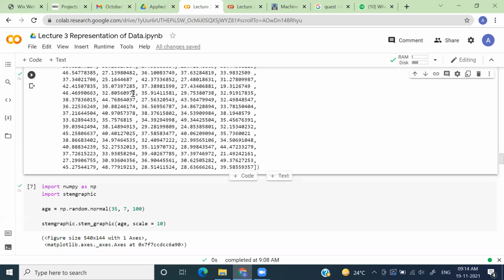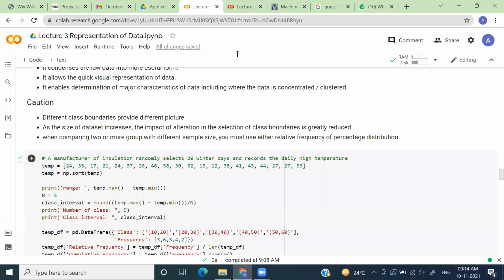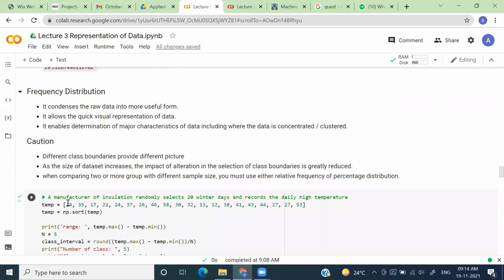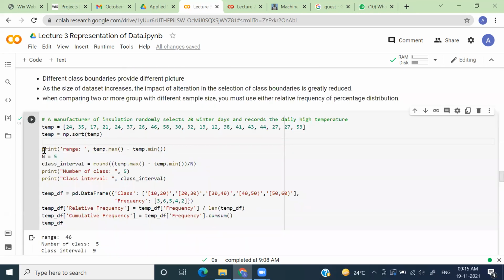From this data, we try to come up with different classes of some constant interval and write their corresponding frequency. Okay, so let's say that I have given you the temperature of 20 consecutive days, and you have to come up with a frequency table out of it. For the time being, do not look at the code part.